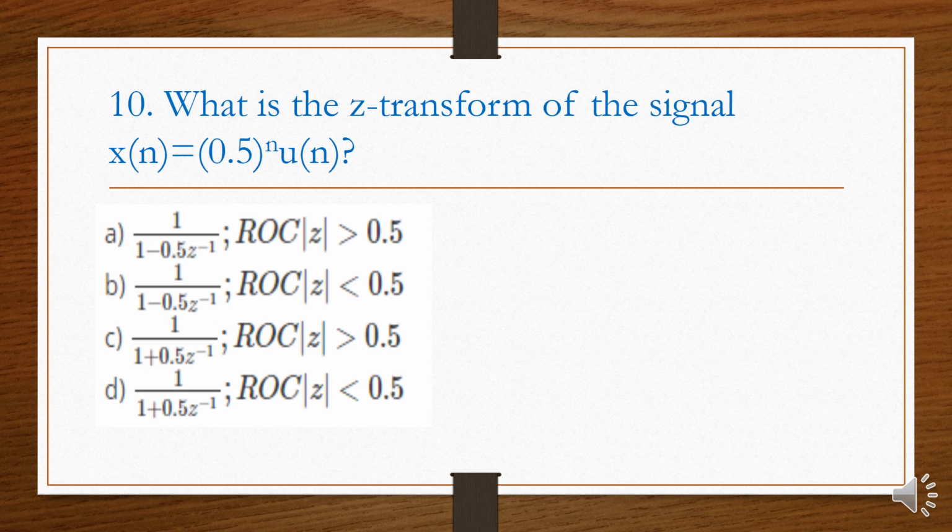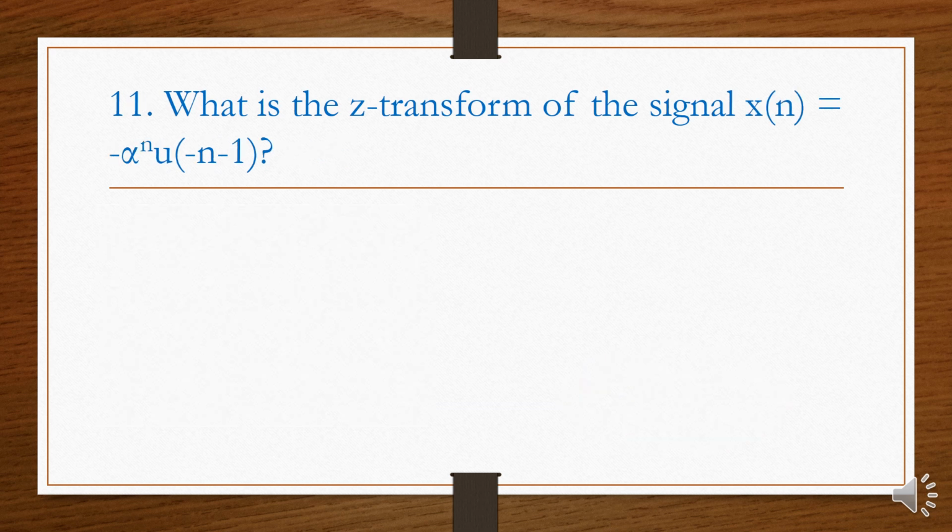Then option D, 1 divided by 1 plus 0.5 z power minus 1, ROC is modulus of z less than 0.5. The answer is option A, 1 divided by 1 minus 0.5 z power minus 1. The region of convergence is modulus of z greater than 0.5.